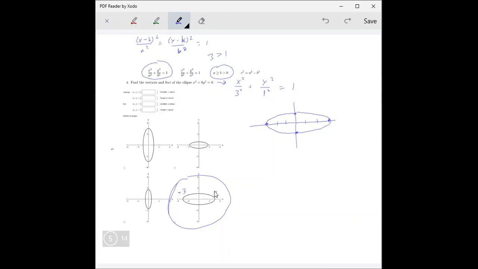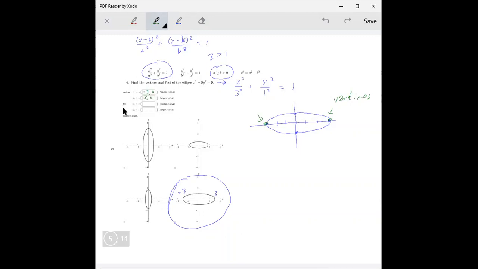The vertices are the ones that lie along the major axis, so these 2 points are the vertices. This is the major axis, and this is the minor axis. The vertices are the smaller x value, negative 3, 0, and the larger x value, 3, 0.